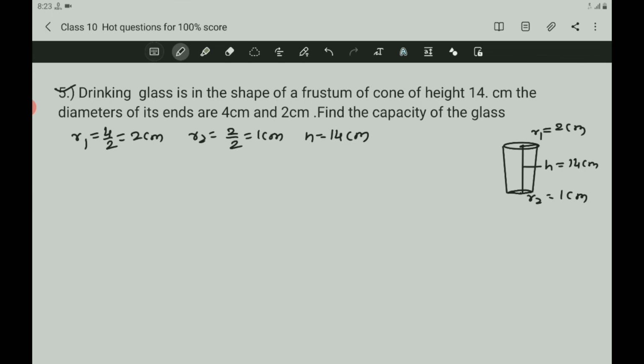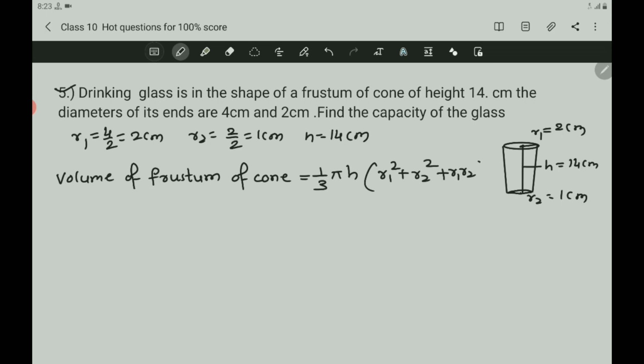Volume of frustum of cone equals 1 by 3 pi h into R1 square plus R2 square plus R1 into R2, that equals 1 by 3, pi value is 22 by 7, h is 14, 2 square plus 1 square plus 2 into 1.